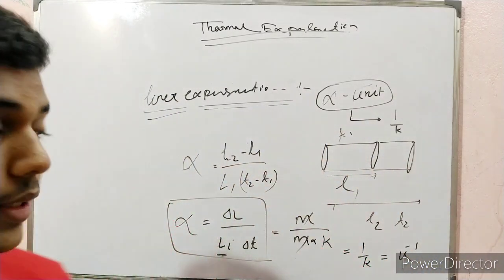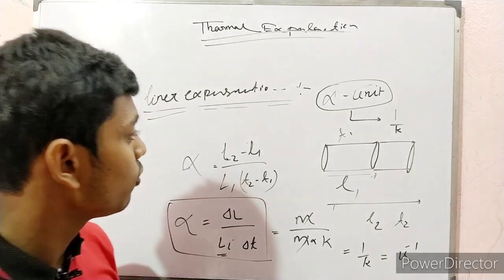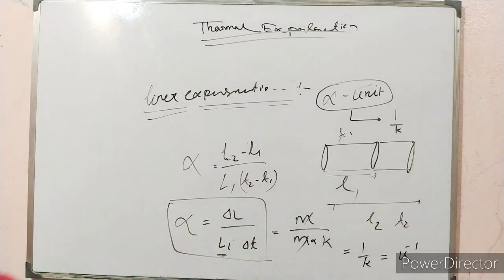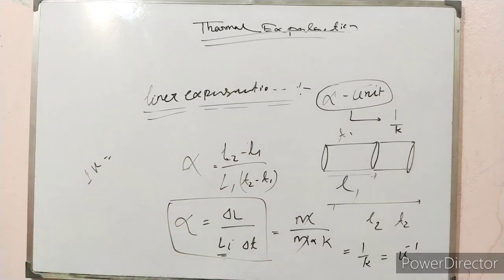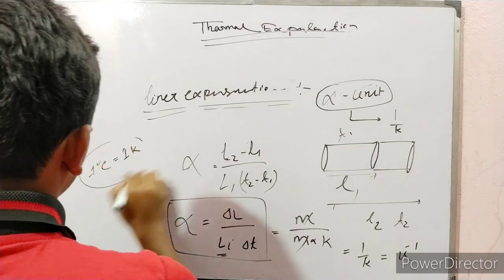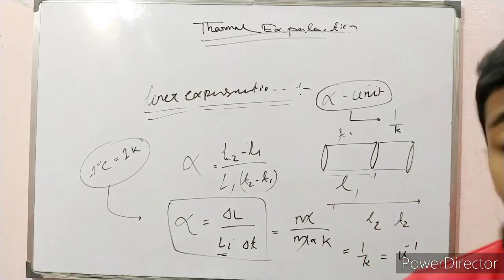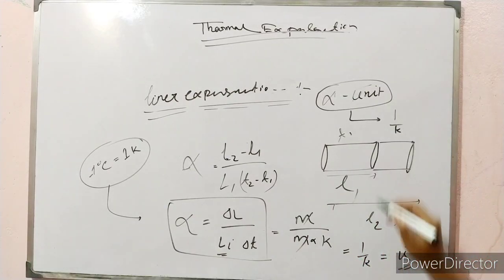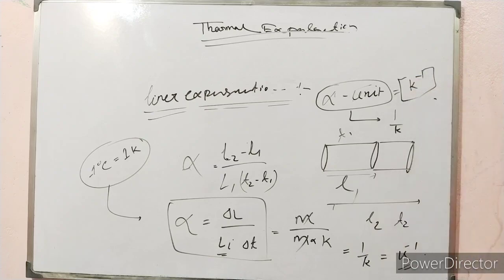Also, a change of 1 Kelvin is the same as a change of 1 degree Celsius, so there is no change in the unit, that is K inverse. I hope it is clear.